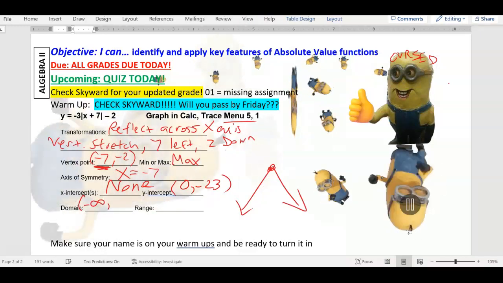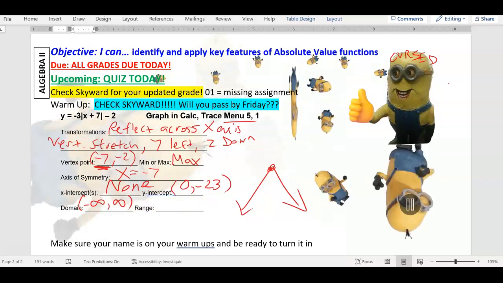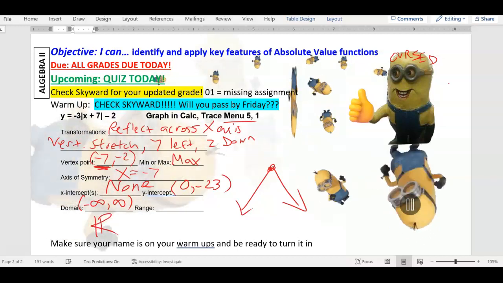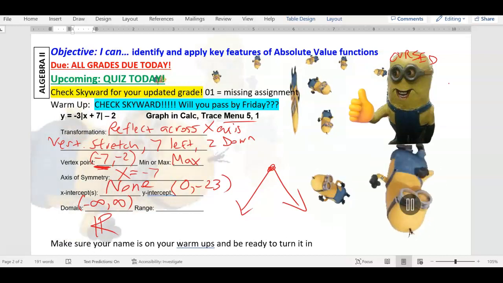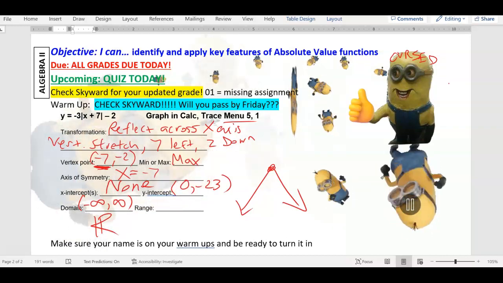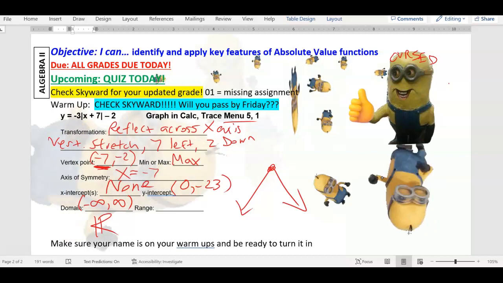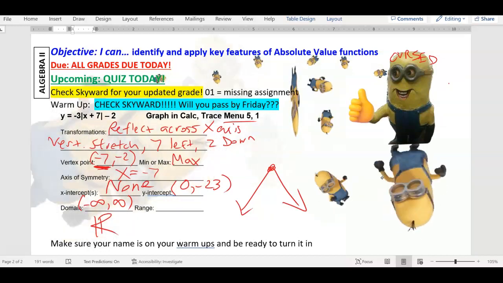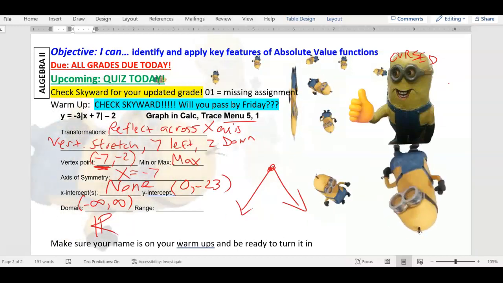With parentheses, -infinity to +infinity, or what's the shortcut? All real numbers, right? Get this down over here. Got that.